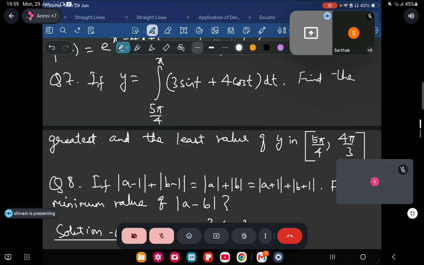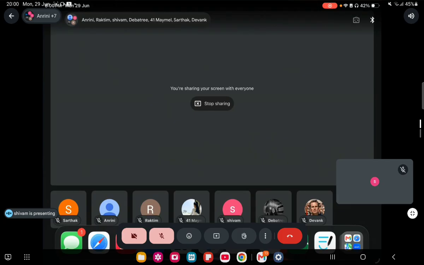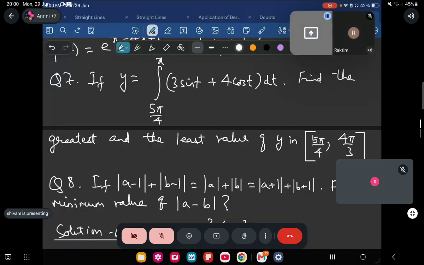So who is left? I think Mimel and Raktim are left. Mimel, are you still there? Oh, she left or what? Hello, Mimel and Raktim. Should I solve? So one second. Send quickly. These are all easy problems.